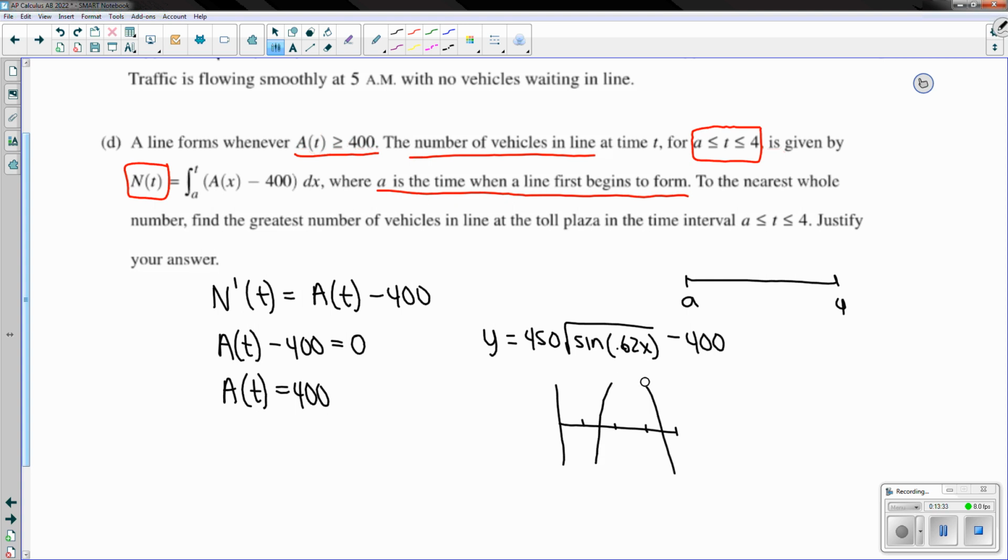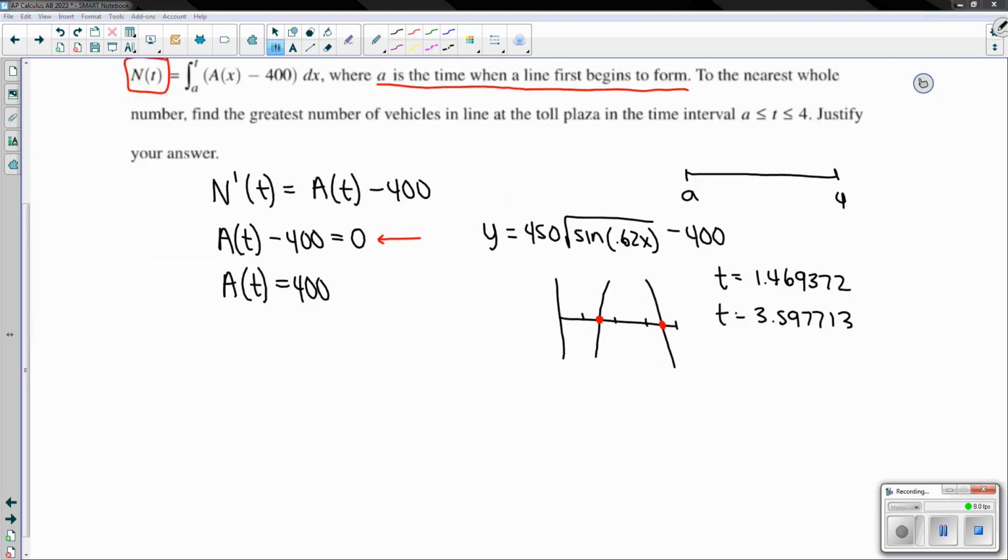And it's going to probably get cut off depending on how high your y-axis goes. So we can see the zeros are going to answer this question here where our critical point is. So we're going to calculate on our calculator where these points are. And we're going to determine those time values. So there are the two time values where we're going to get x-intercepts.